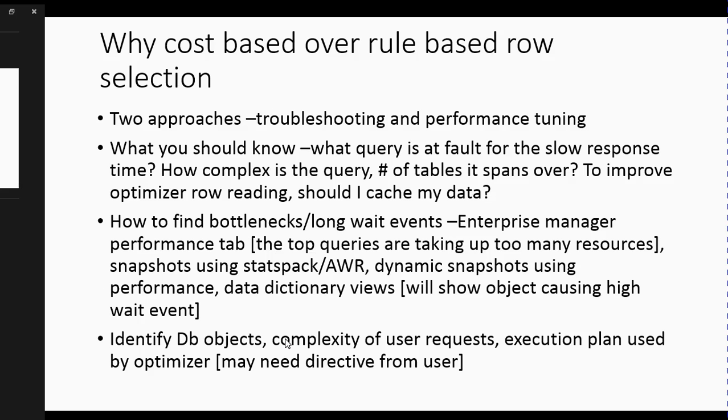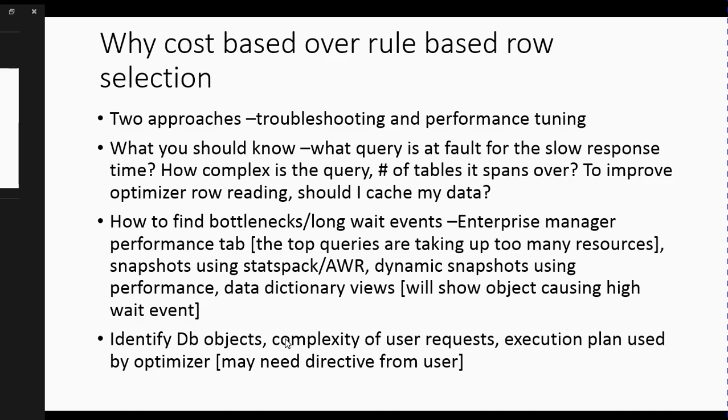So this is a very fundamental question, right? Why the cost-based over the rule-based row selection? In terms of using cost-based row selection, you can use it in a couple of ways. You can set the configurations early on before using the software, or you can set it while you're troubleshooting the software. So those are your two options.